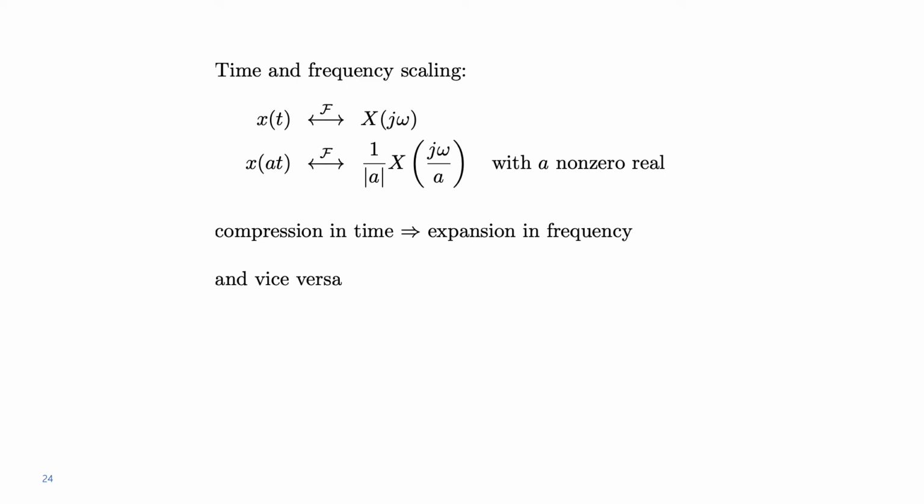So as we saw in one of the first classes, depending on whether a is larger than 1 or smaller than 1, this corresponds to a compression of the signal or an expansion of the signal, right? The Fourier transform that we obtain from that is given by 1 over the absolute value of a times x of j omega over a.